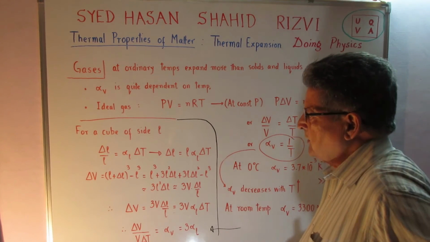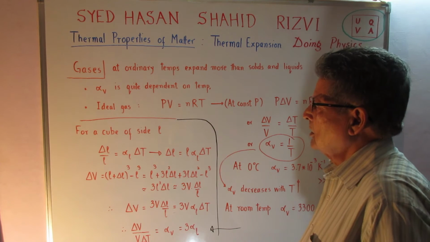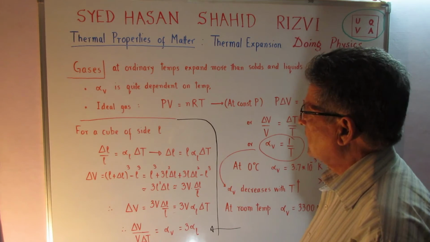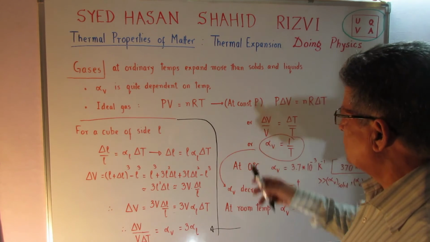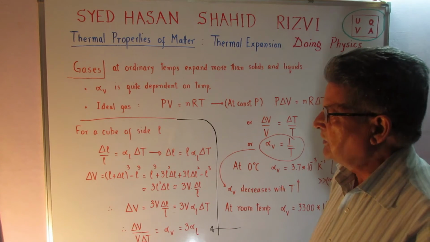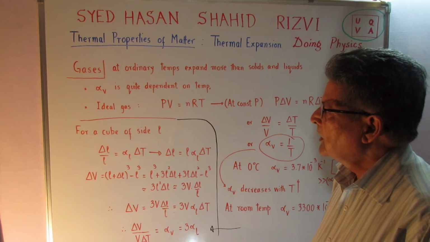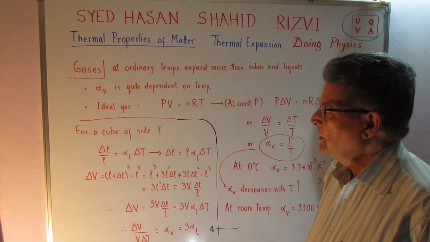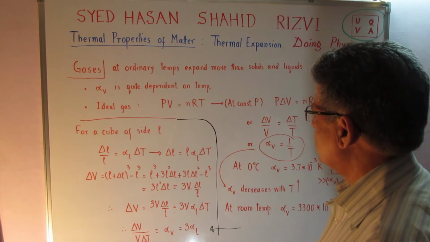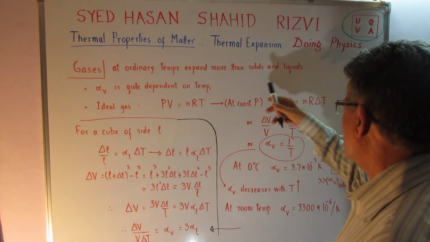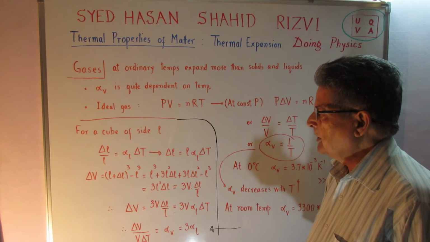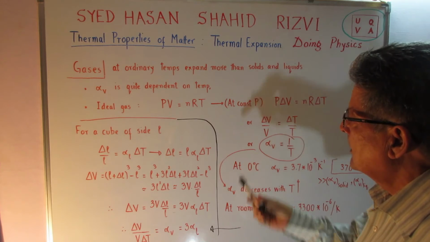So we found that the volume expansion in the case of a liquid at high temperatures has a plateau, and this plateau means that it is independent of the temperature at those temperatures. So the experimentally determined value of alpha V, because of the plateau, does not depend upon the temperature.